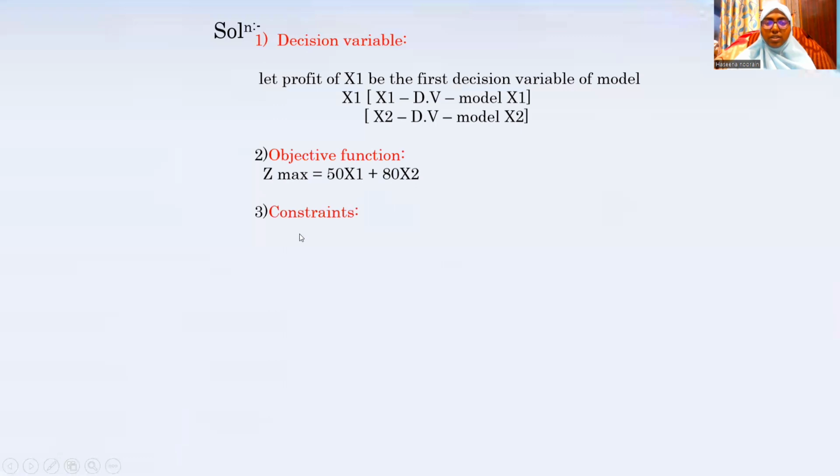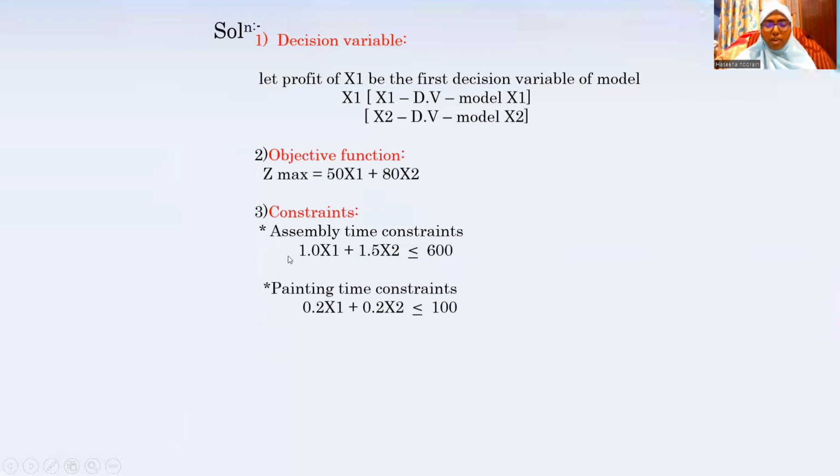The third one is constraints. We had three constraints. The first one is assembly hours. The assembly time constraint is 1.0 x1 plus 1.5 x2 less than or equal to 600, which was given in the condition. The next one is the painting time constraint.